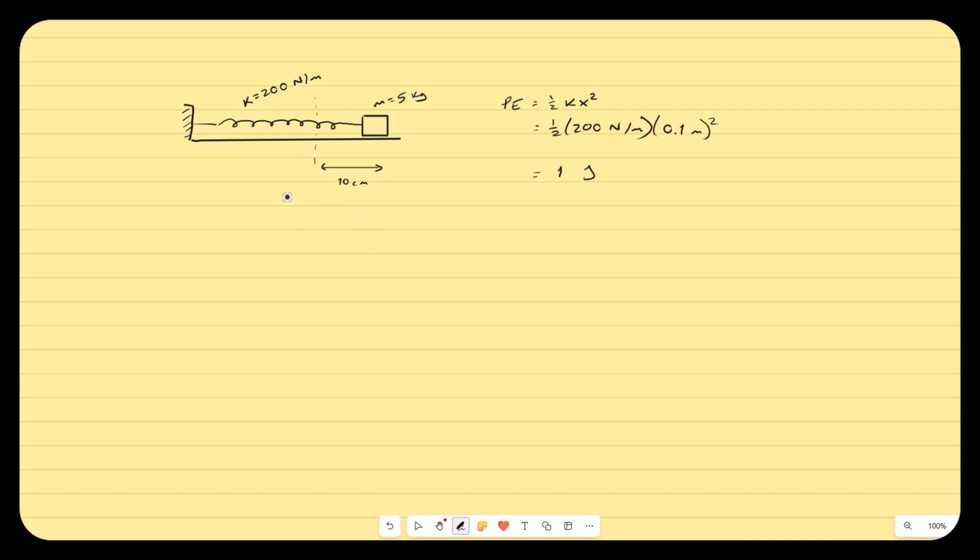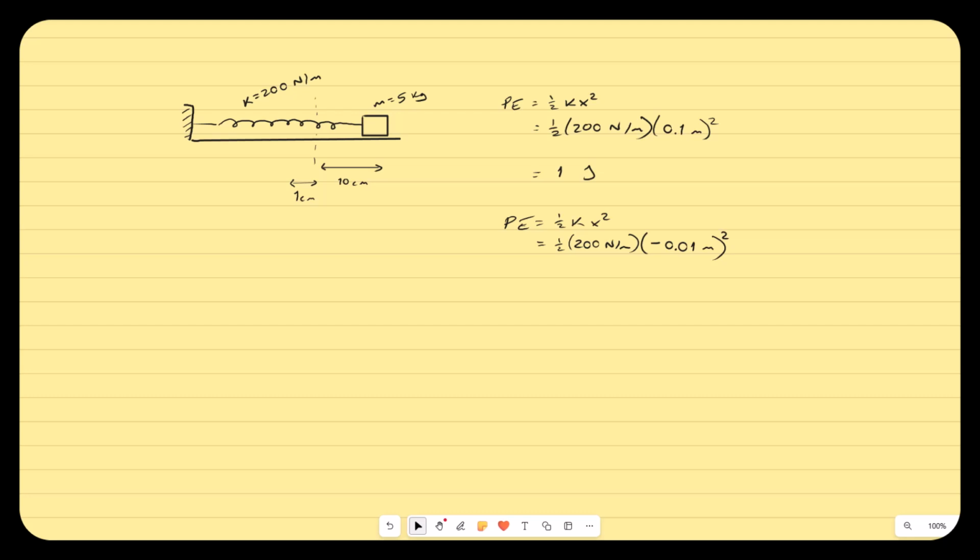Let's say I want to find how the energy has changed when I instead have this thing compressed by 1 centimeter. So now my potential energy is still half k x squared. So still half times my 200 newtons per meter. Now I am compressed, so I can put in negative 0.01 meters. The negative part doesn't actually matter because I'm going to square it, and that's going to come out positive anyway.